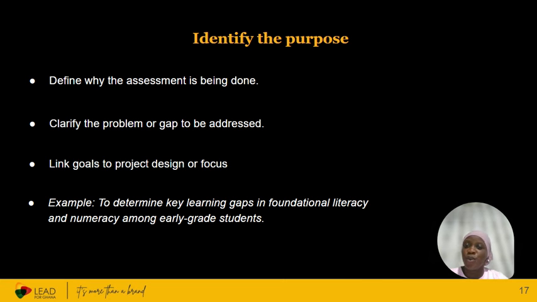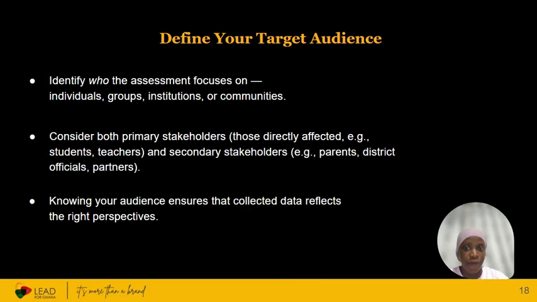And once your purpose is clear, you can move on to ask yourself who is your targeted audience, or who are you doing this for? Who are you collecting the data from? You need to identify individuals, groups or institutions or communities that your project targets.